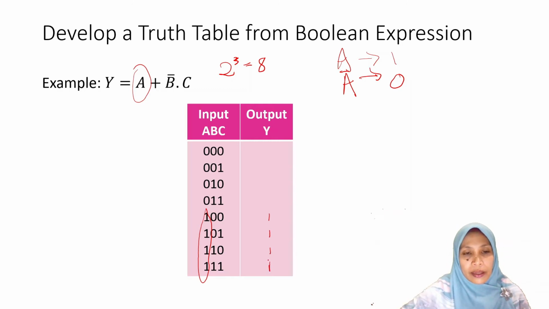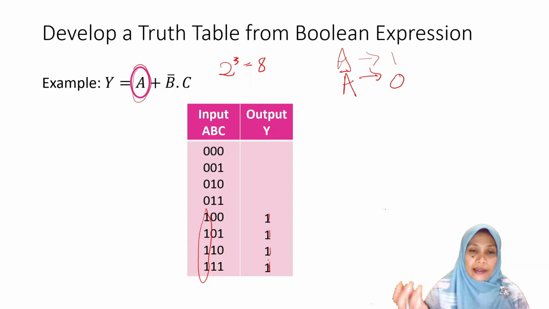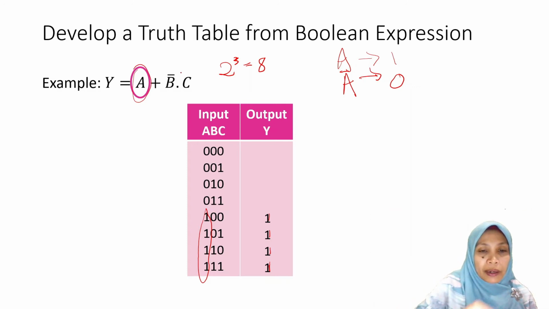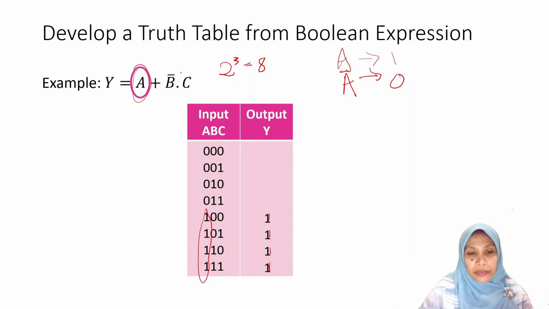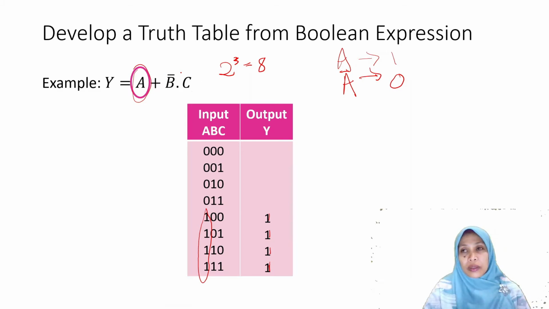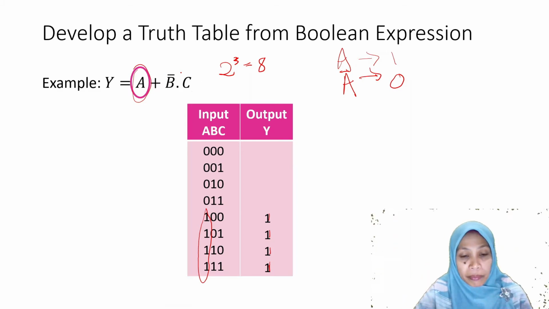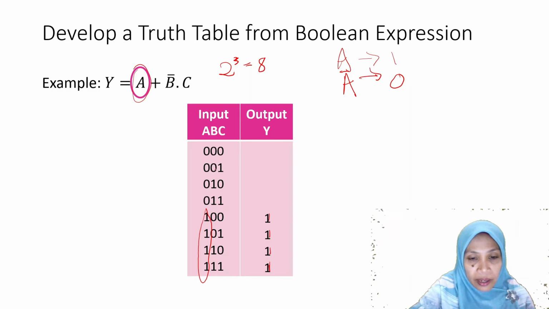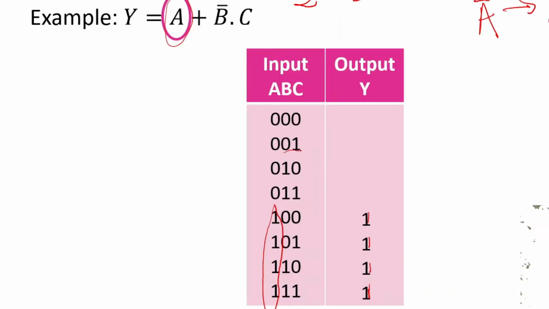Alright. And then next, we go to the second term, B bar dot C. At the truth table, we find B bar dot C. So here B is 0, C is 1. So actually this one is equal to B bar dot C. And we also have another one here, B bar dot C, B equals 0, C equals 1.